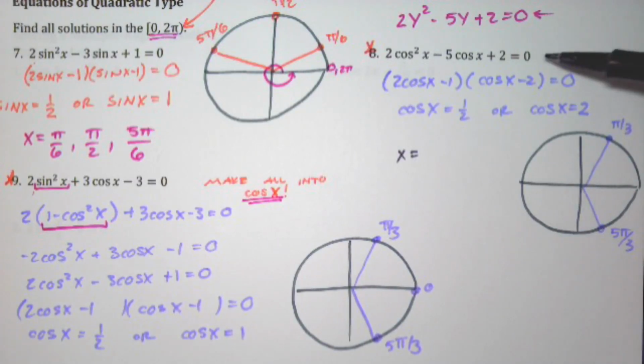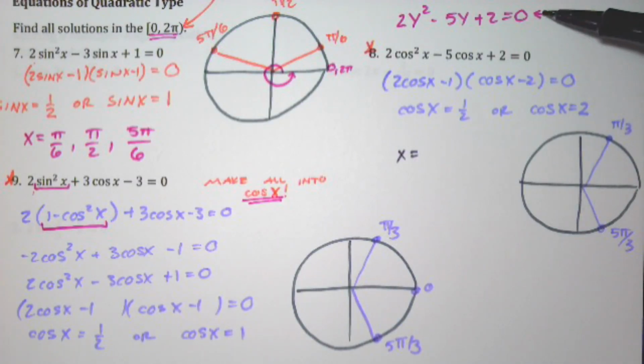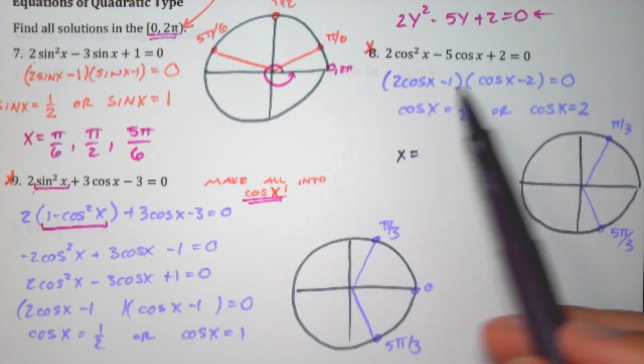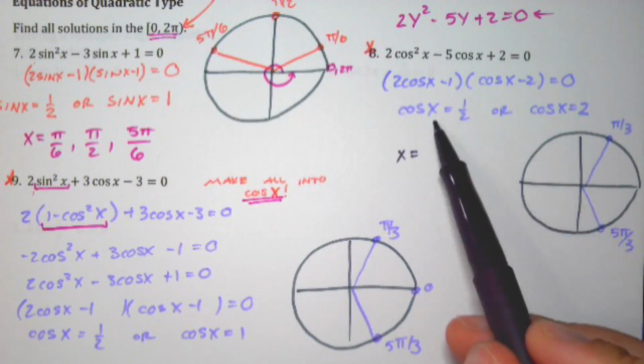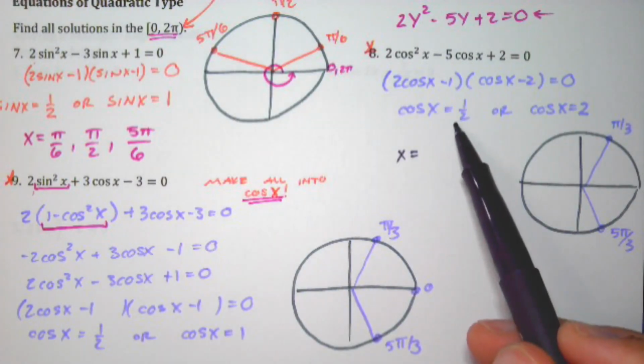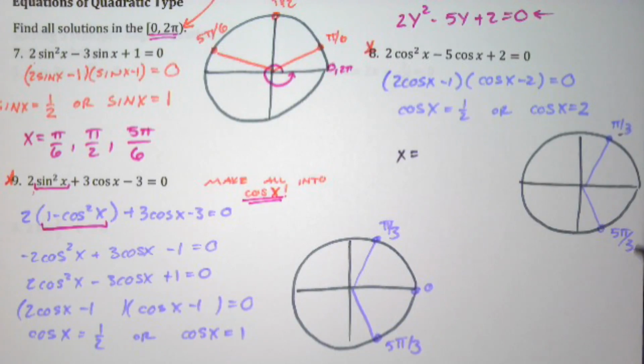For number 8, really straightforward, right? This above quadratic, if you need to use that as a reference, factors into 2 cosine x minus 1, cosine x minus 2. Solve for each of those, right? We get cosine of x is 1/2, and that happens at pi over 3 and 5 pi over 3.